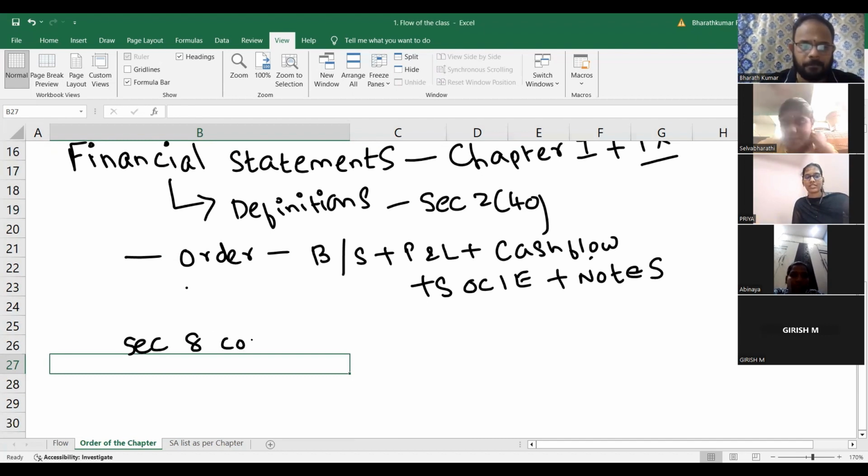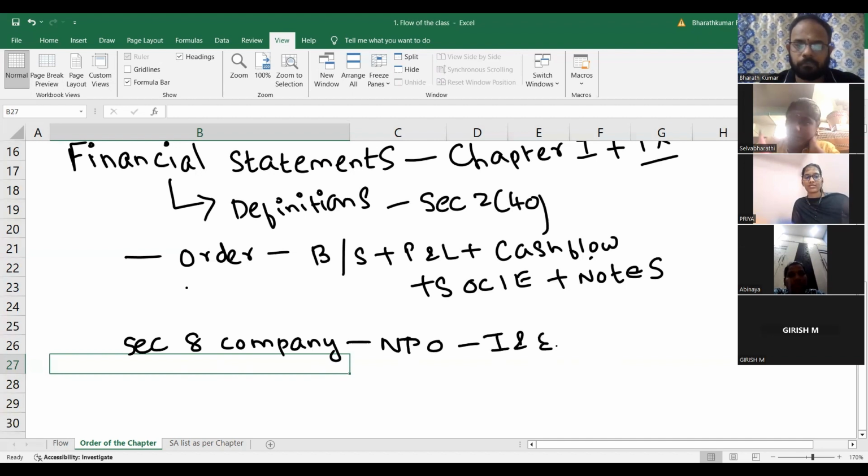Section 8 companies. Very good. Only a Section 8 company will be called a non-profit organization. What account will I prepare? Income and expenditure account. Very good.